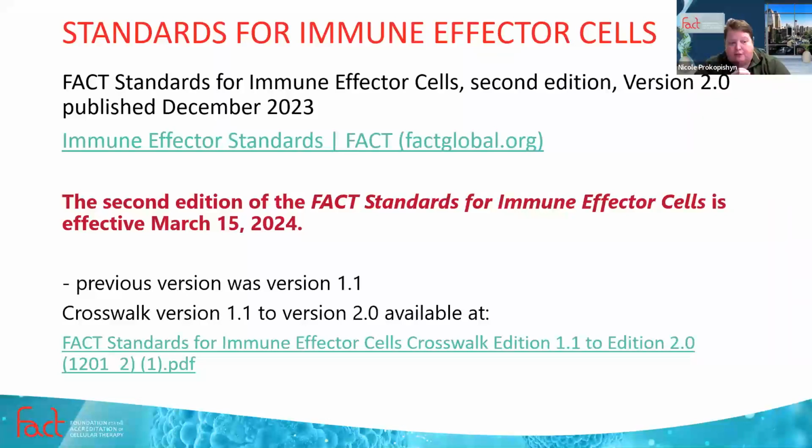The second edition of the FACT Standards for Immune Effector Cells is effective March 15th, 2024. That's why we wanted to bring this presentation here today. As well, there are crosswalks available and other helpful documents to help you navigate through the different versions to make sure that things are quite clear.